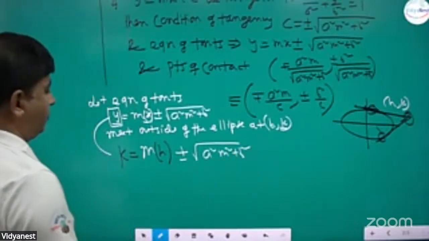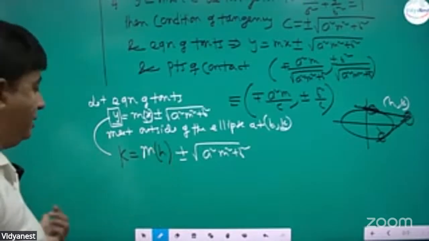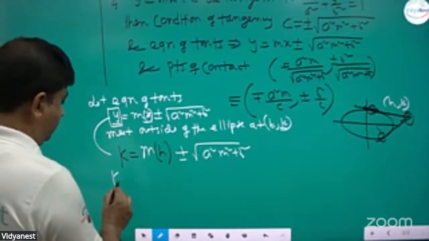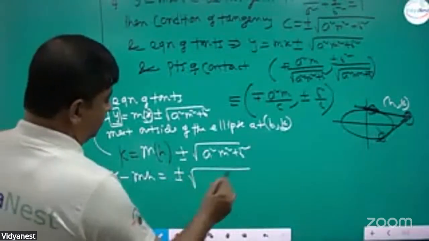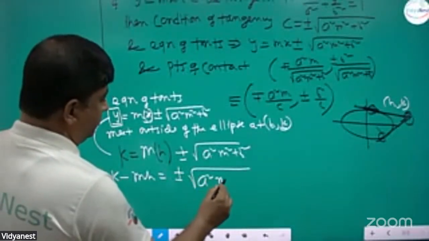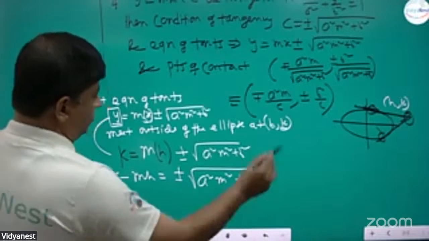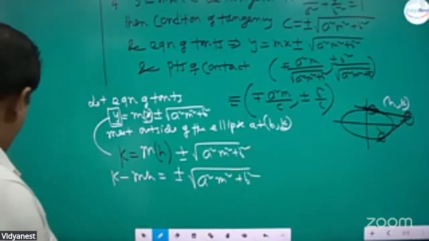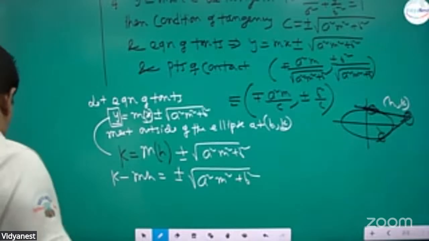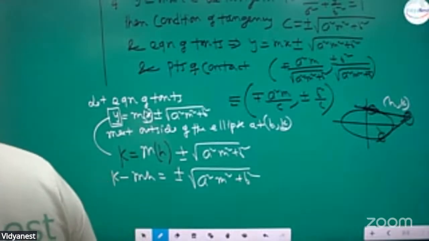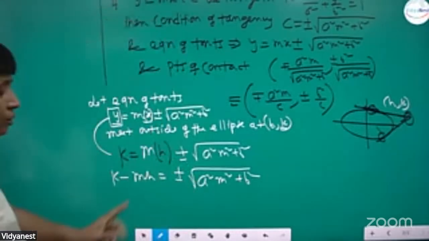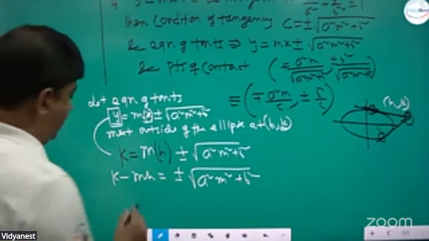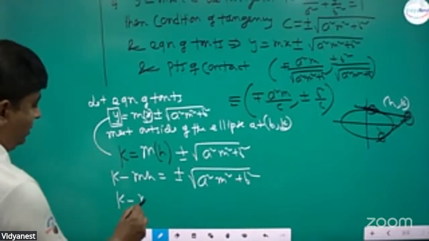Now, you bring mh to this side. To ease the calculation, we will square both sides.